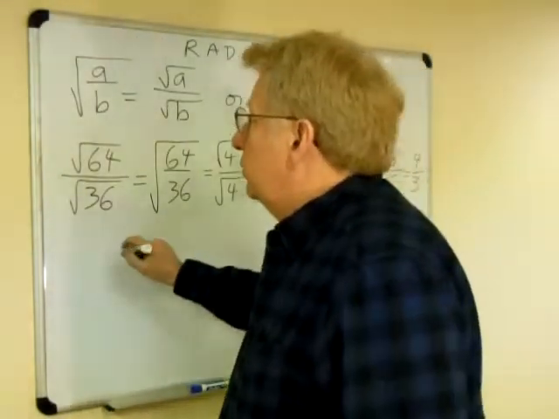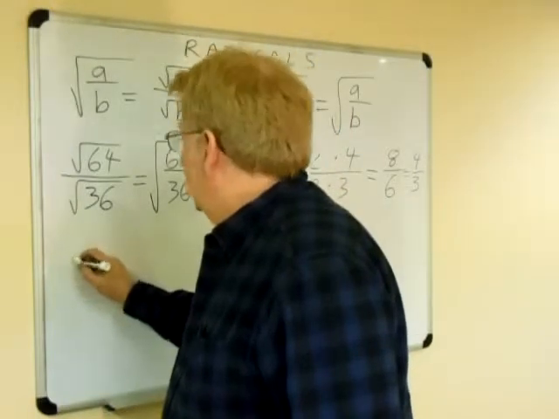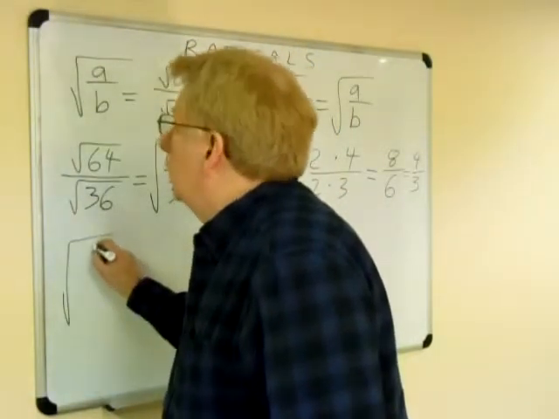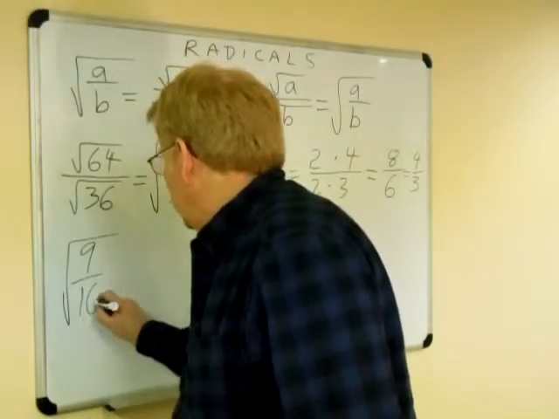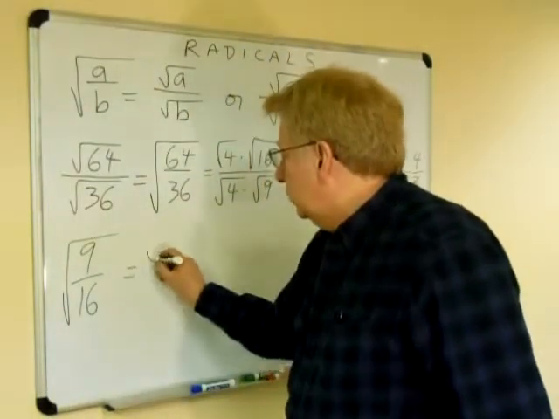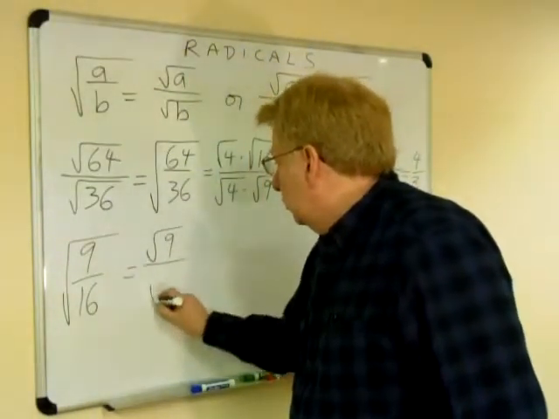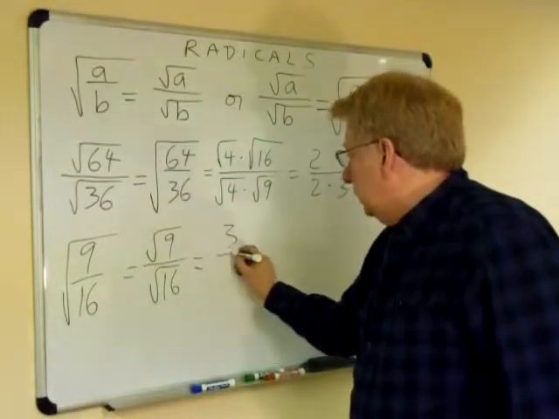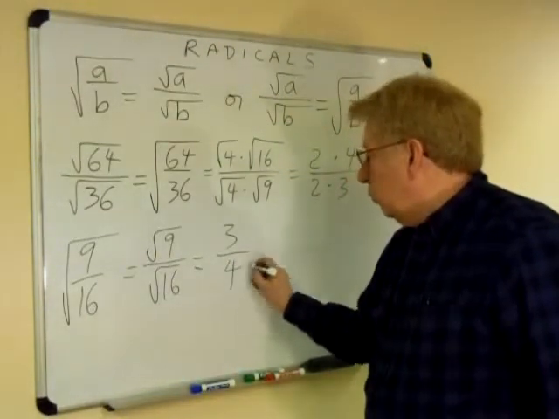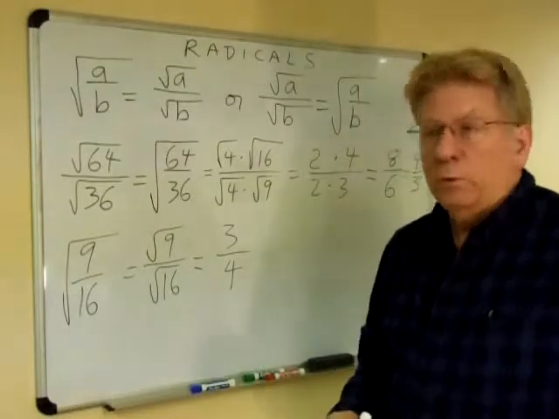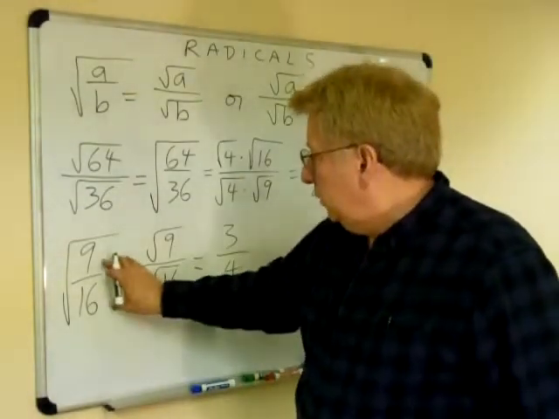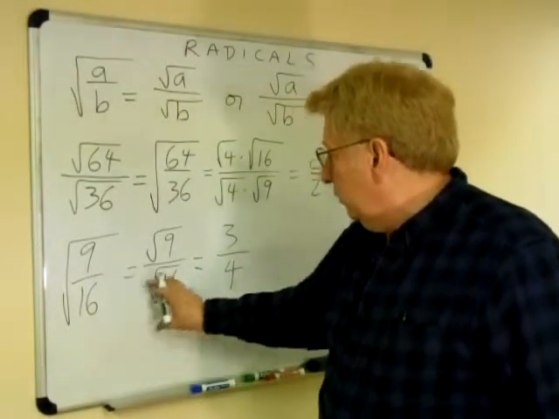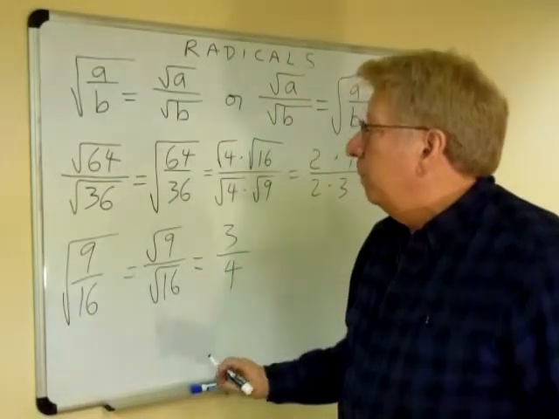Let's take another example. We can take the square root of 9 over 16. That's the same as the square root of 9 over the square root of 16. The square root of 9 is 3, and the square root of 16 is 4. So we solved that because both were under the same radical and we split them up.